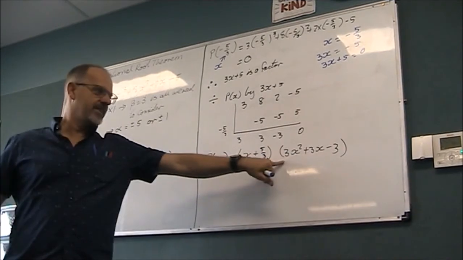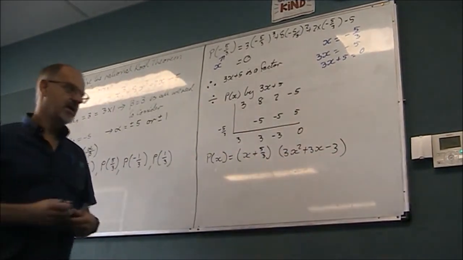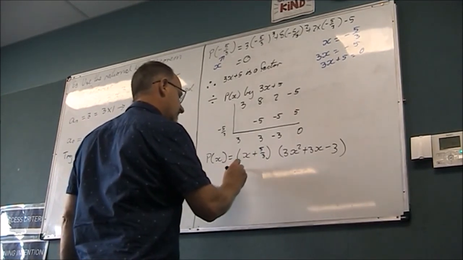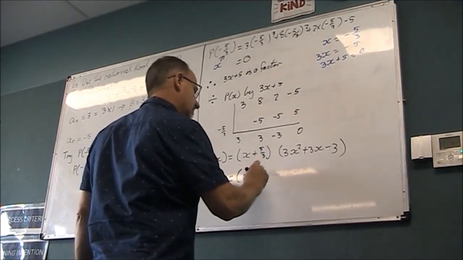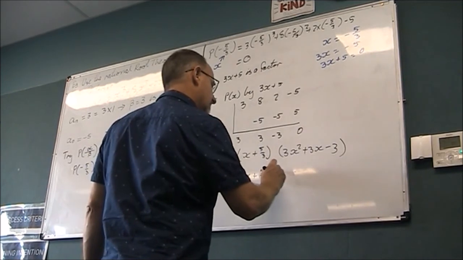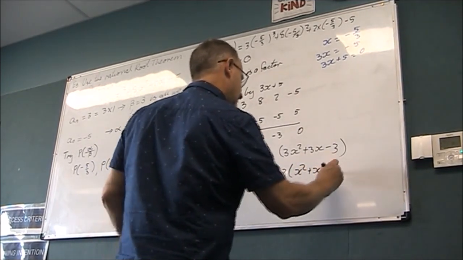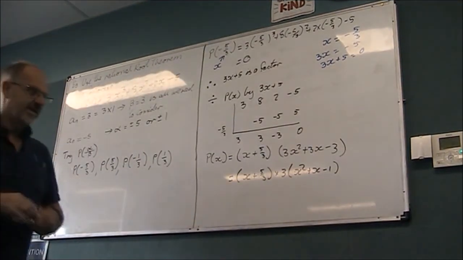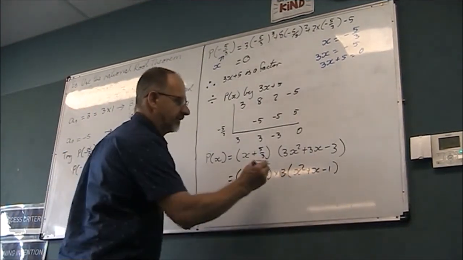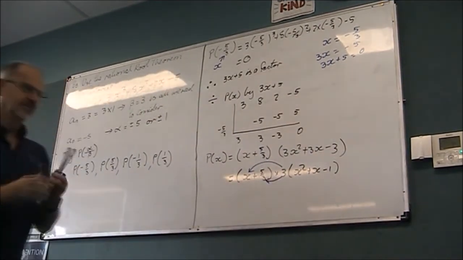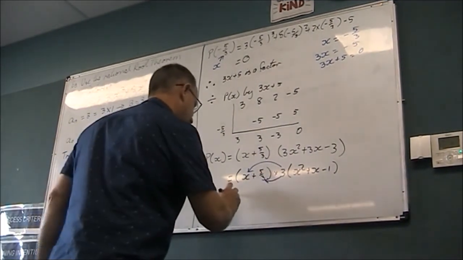What do you notice about that there? You can take out a 3. Then, if we multiply that 3 into here, then we get our factor.